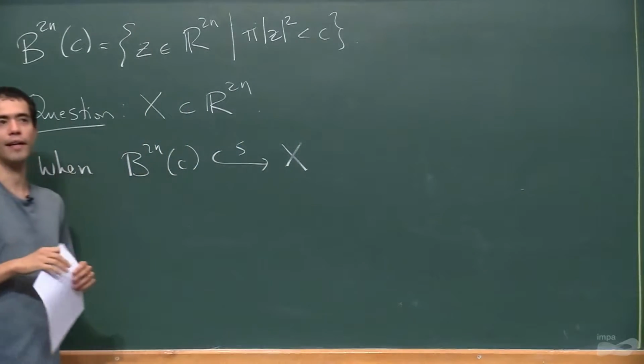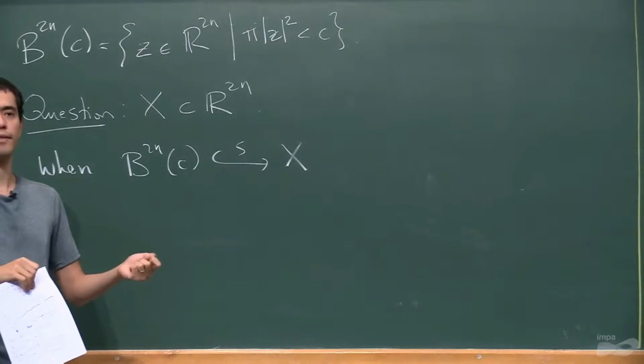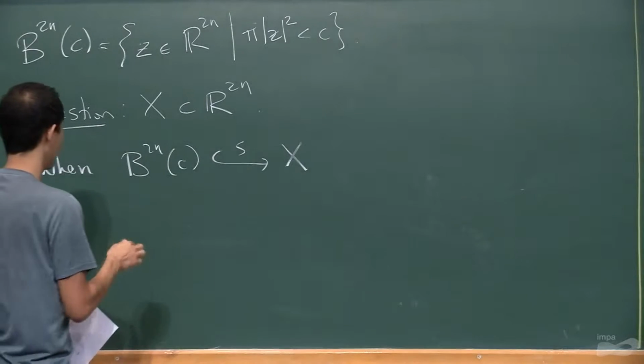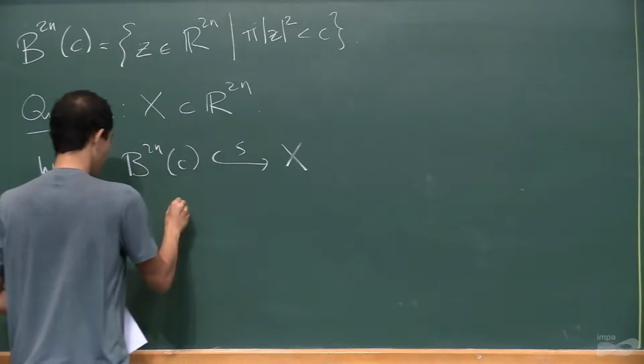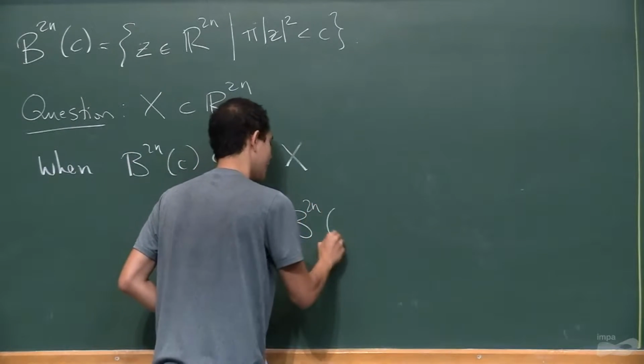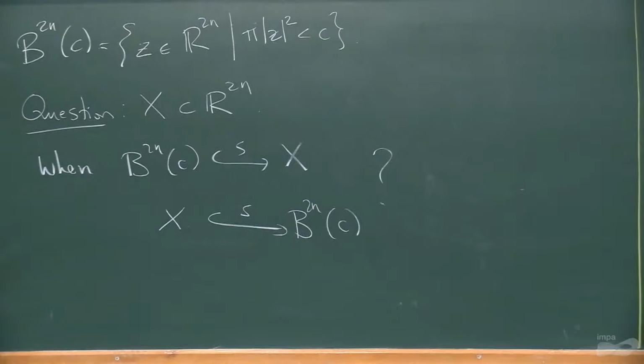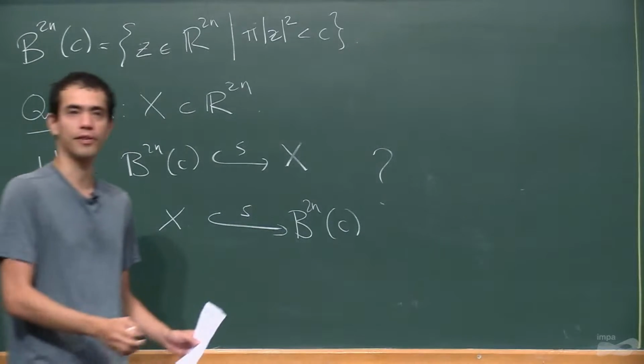That means there's a smooth embedding from the ball into X which preserves the standard symplectic structure. And you can also ask the converse question: when does the set symplectically embed into a ball? This is a very fundamental question in symplectic topology, and it's been asked for a long time.